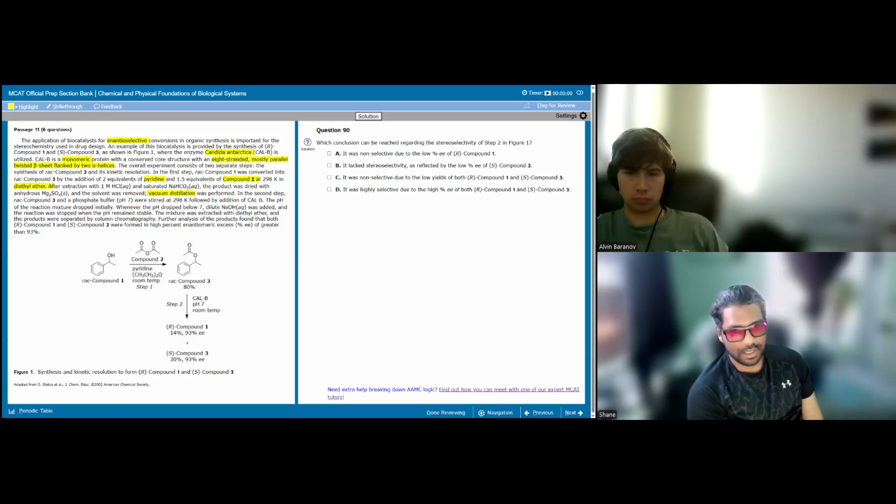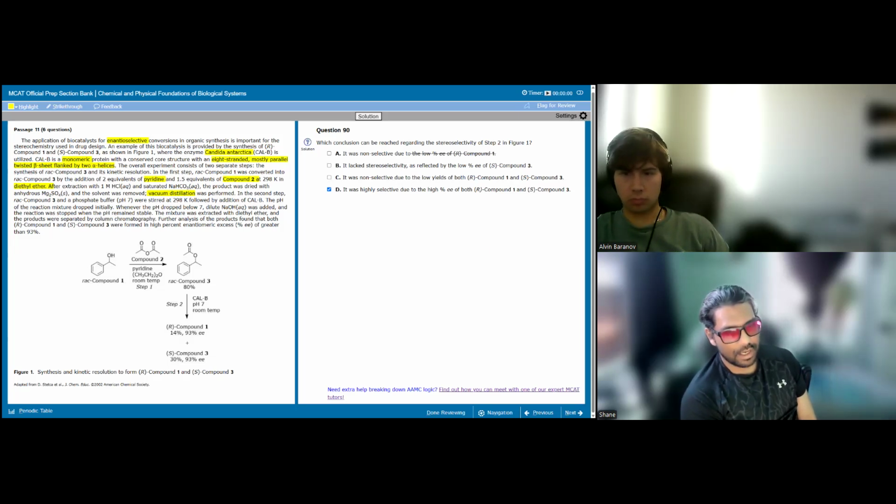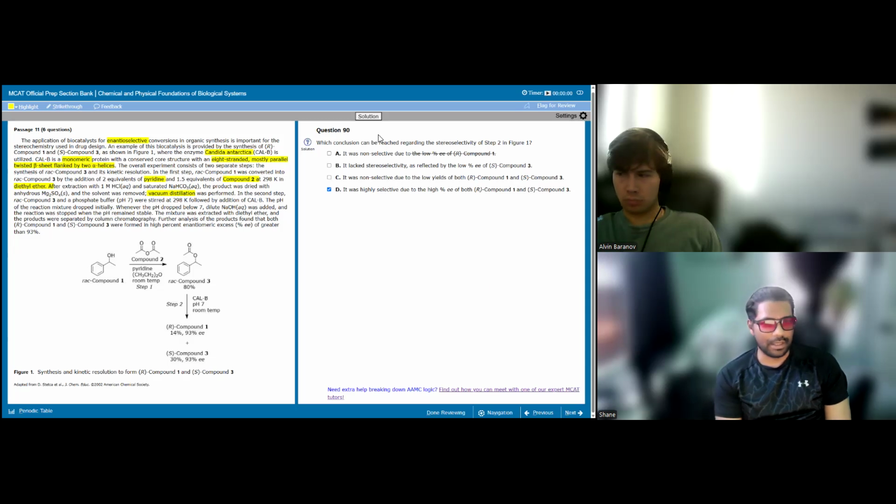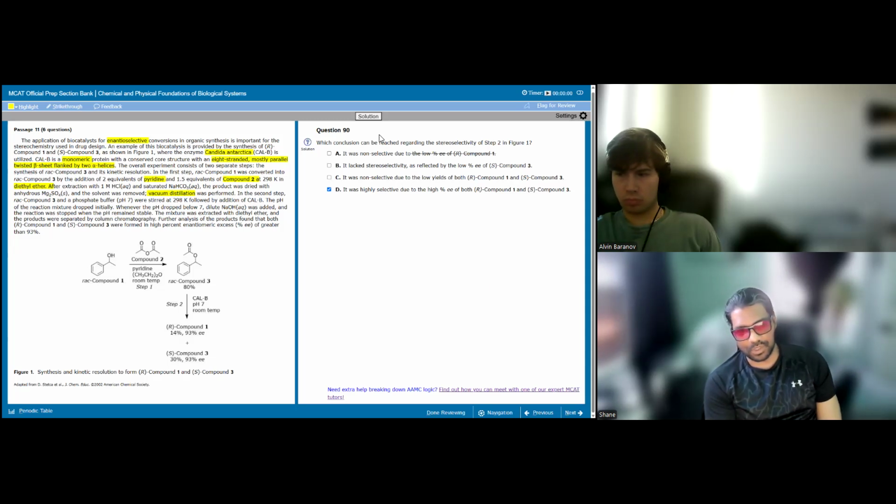But low EE of compound one, they have the same EE percentage, so it can't just be low for one. Stereoselectivity, non-selective, reflected in the low EE of compound three. That's also going to be wrong for the same reason A is wrong. We have the same percent EE for both of these.